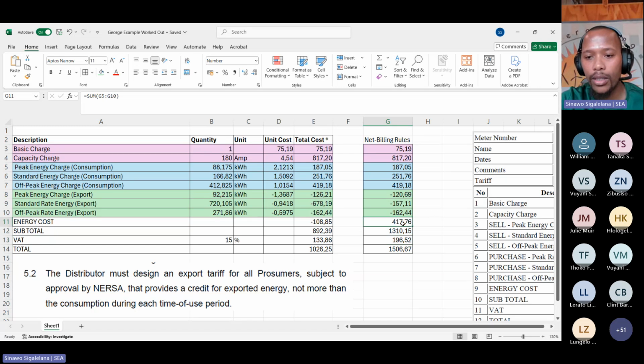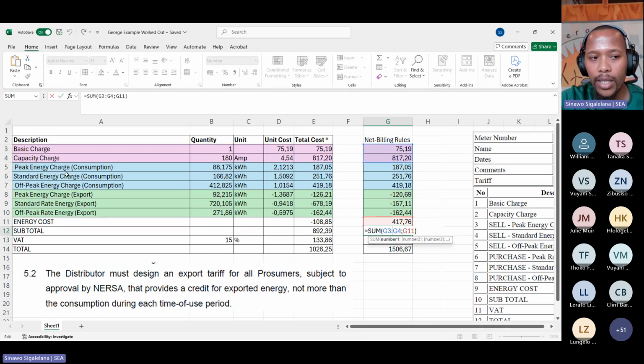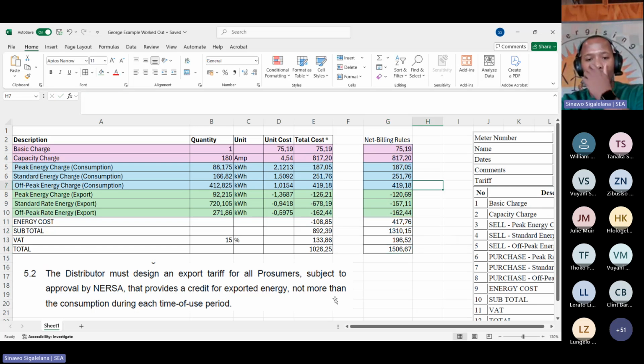Which is 417.76. And then after that, I remember that I only offset my energy against my energy costs. I still have to pay for my fixed costs, which is basic charge plus capacity charge plus total energy cost, which then gives my subtotal as per the rules.